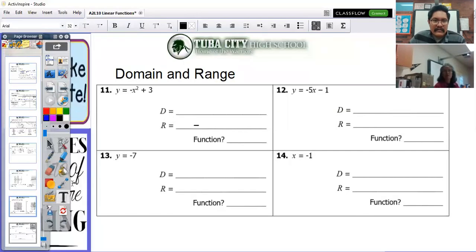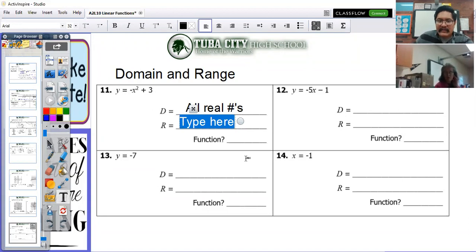So to fill this out, our domain is all real numbers. But the range is going to be, well, okay, 3 was the highest number we could pick. So y has to be less than.